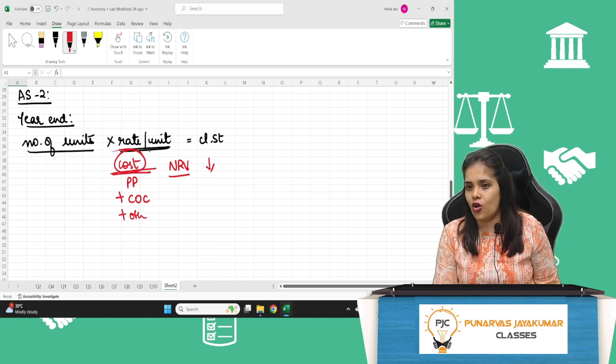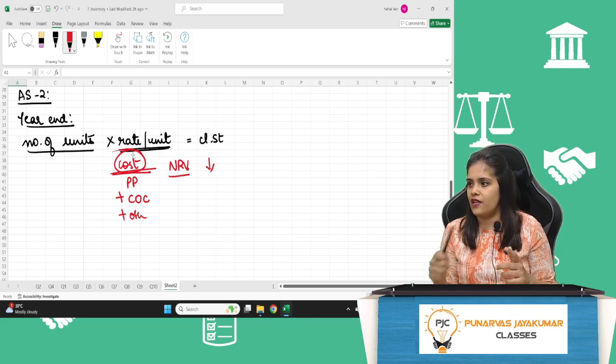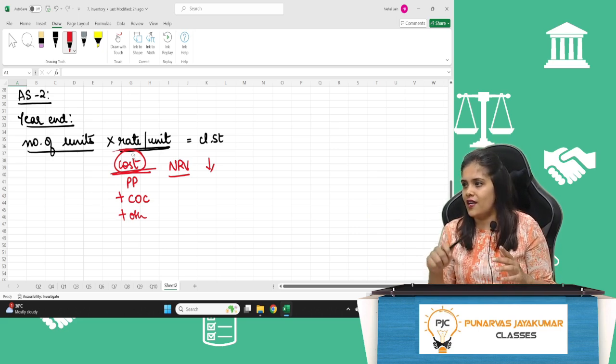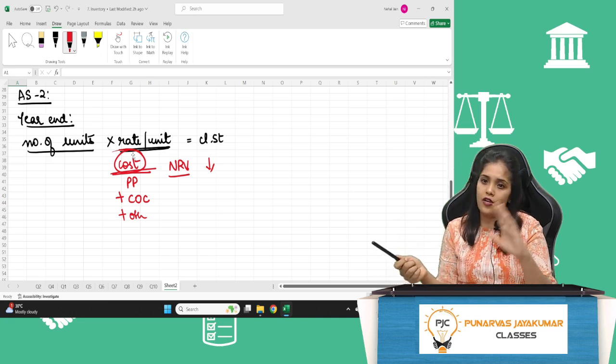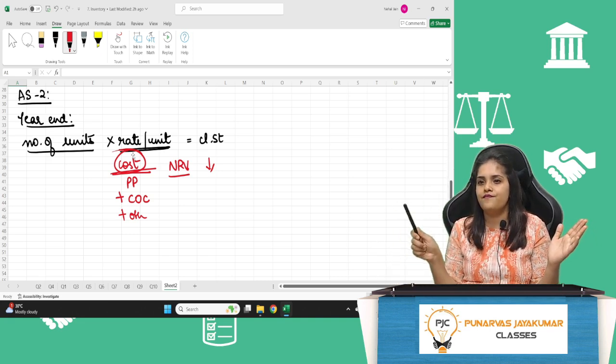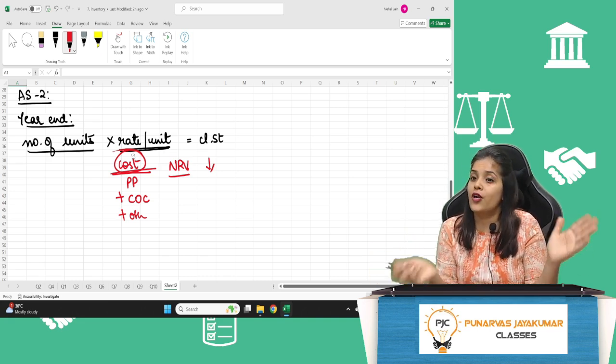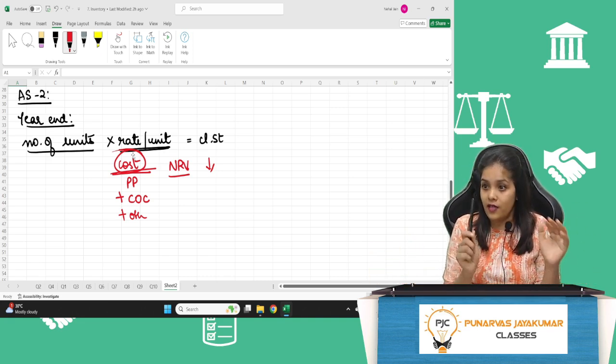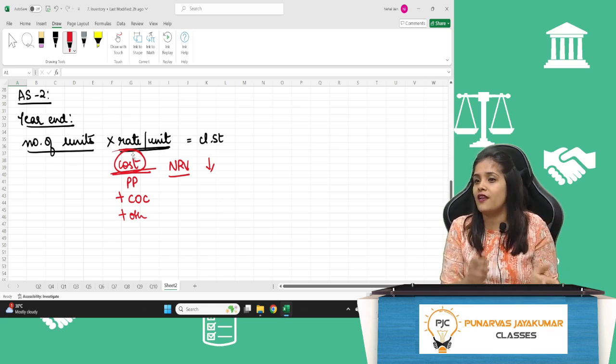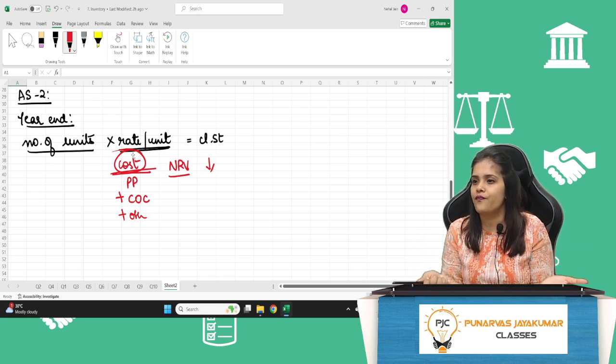To find cost, multiple methods are given. How do you do? First, you should check whether the items are ordinarily interchangeable or not. Either you buy this or you buy that, it doesn't matter. But if they are not ordinarily interchangeable, it makes a difference. If it is not interchangeable, then what do you do?